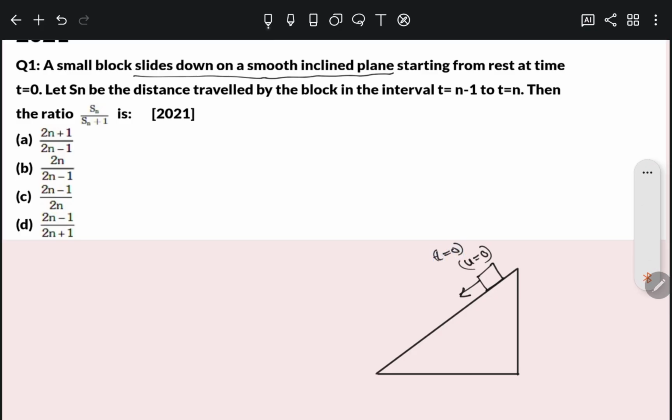Let Sn be the distance traveled by the block in the time interval t is equal to n minus 1 to t is equal to n.